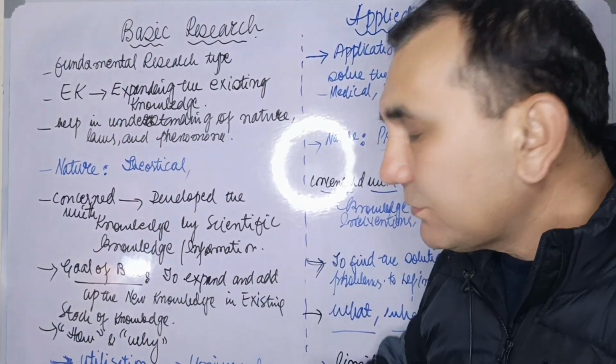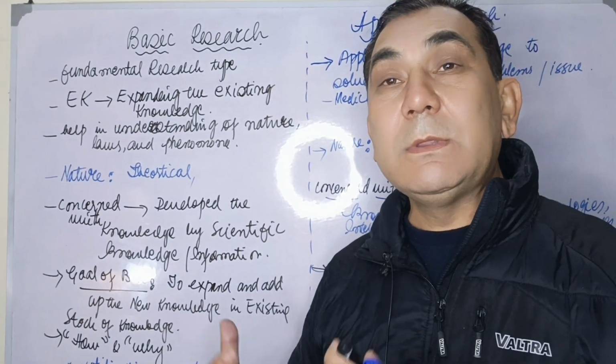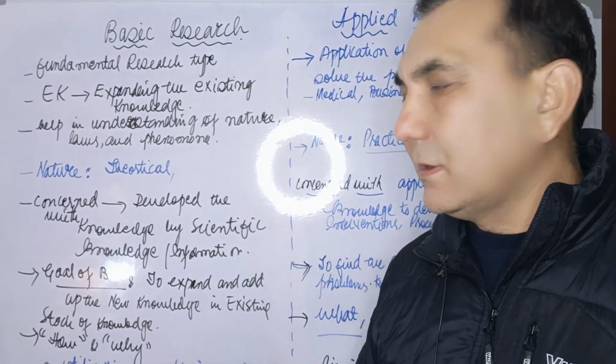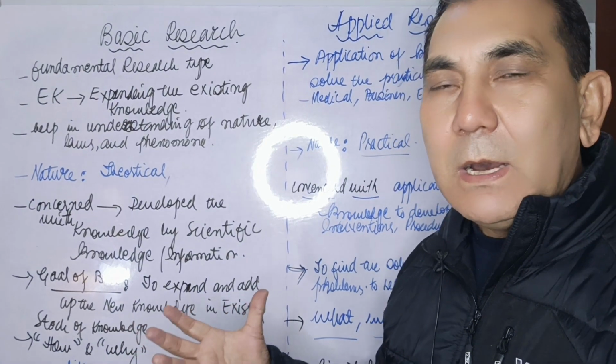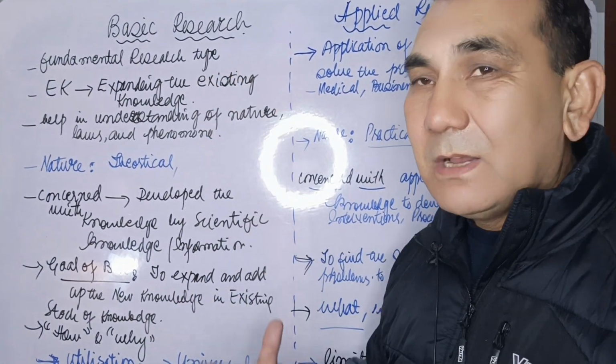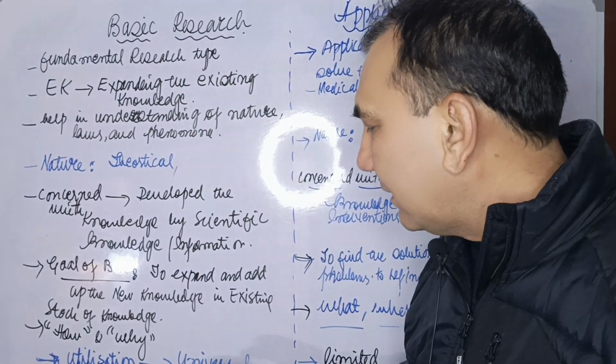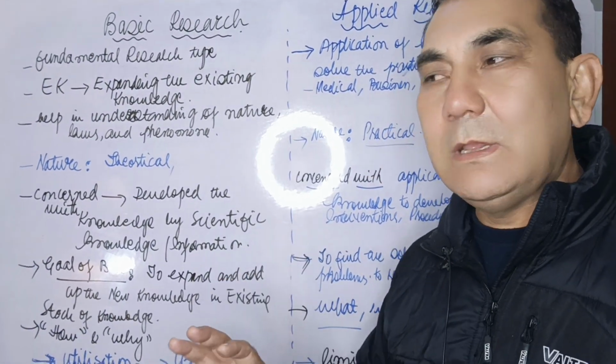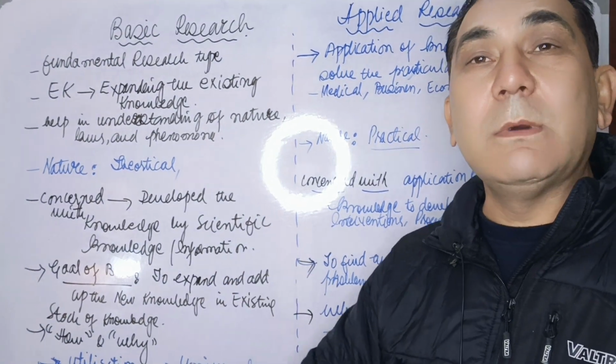Because in basic research we mostly develop the theory or the laws. When you develop a theory or law using basic research methodology, definitely that theory and those laws become universal.